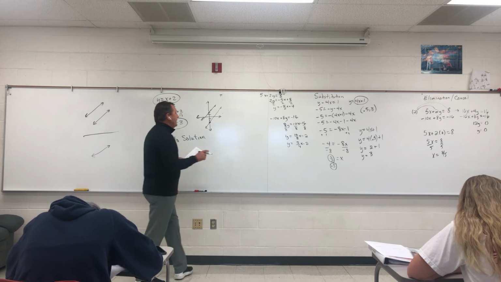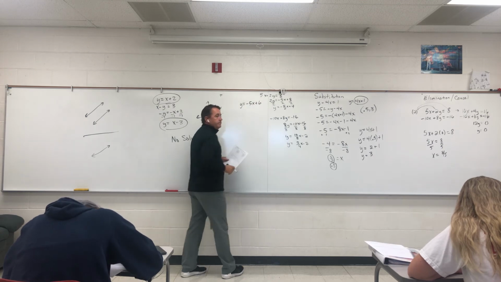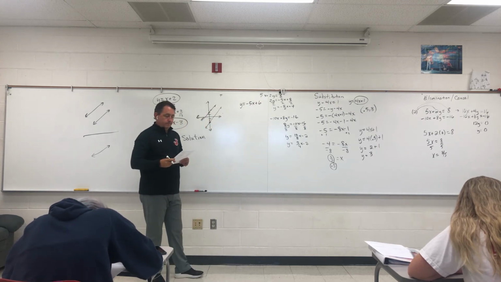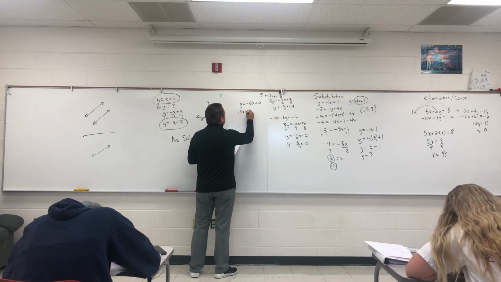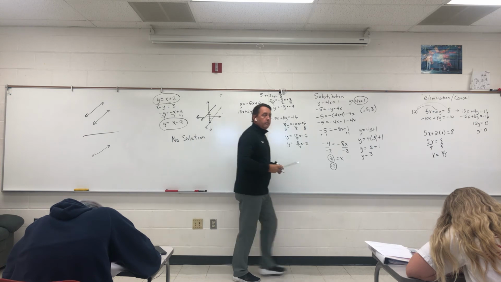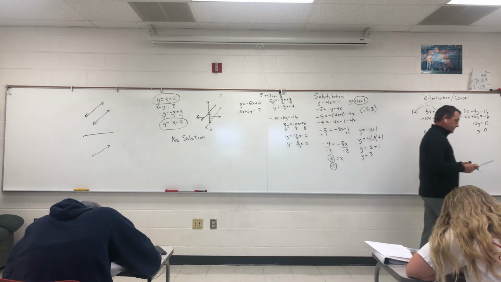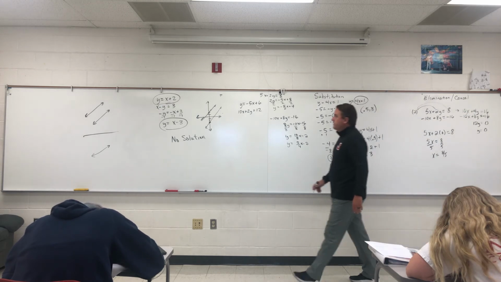Okay, the other thing that can happen is like on B, we've got y equals negative 5x plus 6, right? Then we've got 10x plus 2y equals 12. So we have to take the bottom one and put it in slope-intercept form.